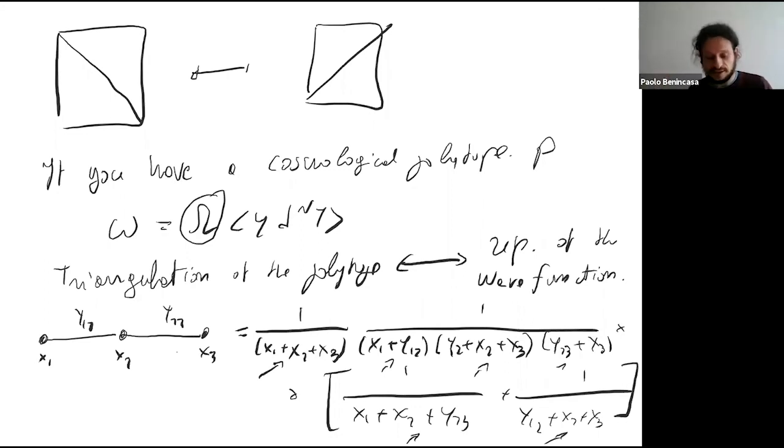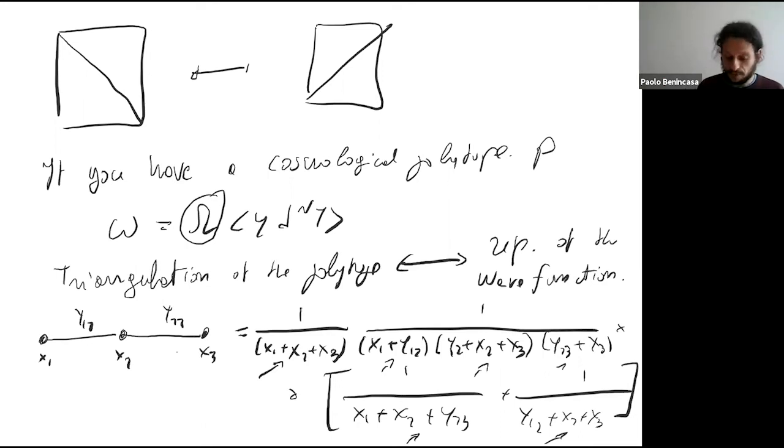But if you write it like this, from the point of view of the polytope, you are triangulating it, because you are writing it in terms of two terms whose canonical function has a 1 in the numerator, which means that it is a simplex.